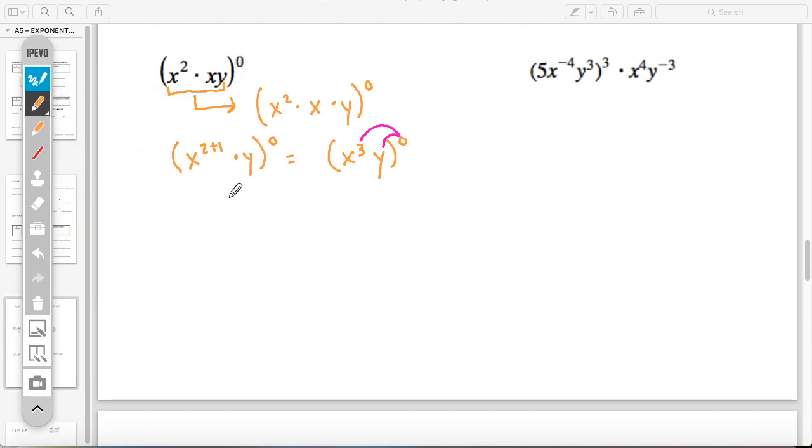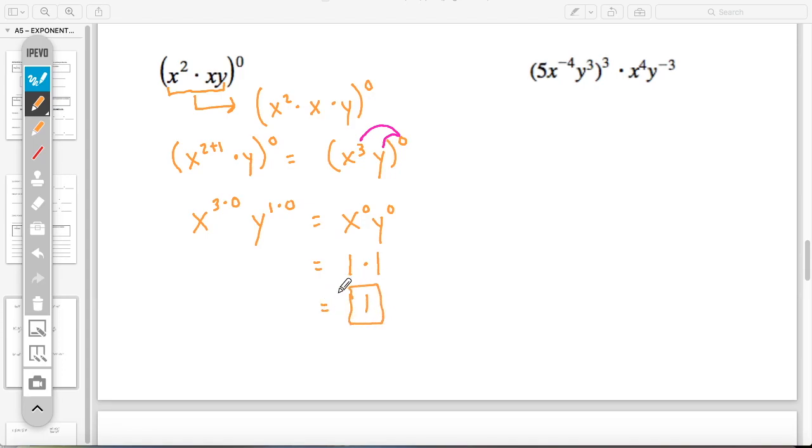So we are left with, using the power rule, x to the 3 times 0 times y to the 1 times 0. So this equals x to the 0th power, y to the 0th power. As we know, anything to the 0th power is 1, so we have 1 times 1, which of course leaves us with 1.